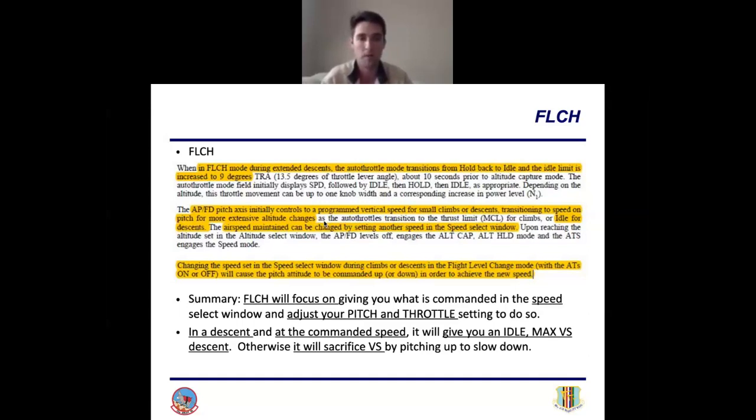So basically, in summary, flitch is going to focus on the speed, and it's going to change your pitch and your throttle if it needs to achieve that speed. So in a descent, if you are below the speed that you set there, it's going to pitch you down heavily to capture the speed, which will give you a very high descent rate as it captures it.